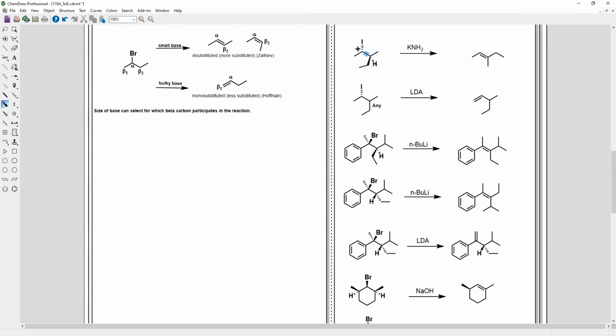But one thing we can do, and it kind of feeds into the next question, is ask ourselves how we can summarize all the reactions for predicting the products. We made a statement earlier that basic nucleophiles kind of do elimination, and non-basic nucleophiles don't do elimination.